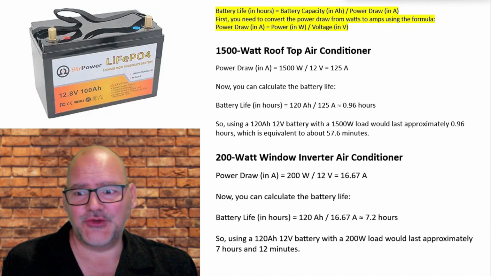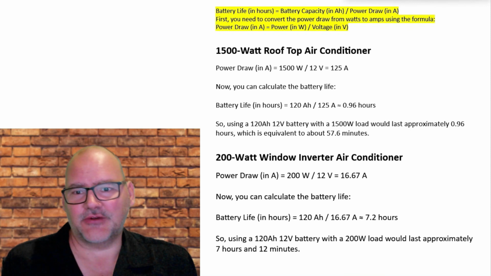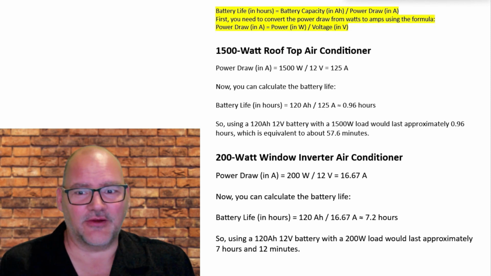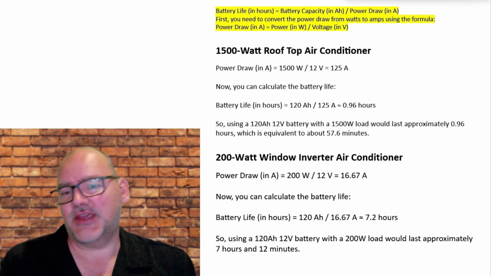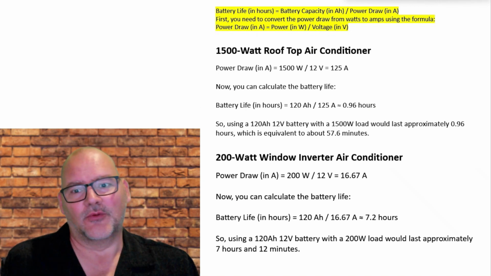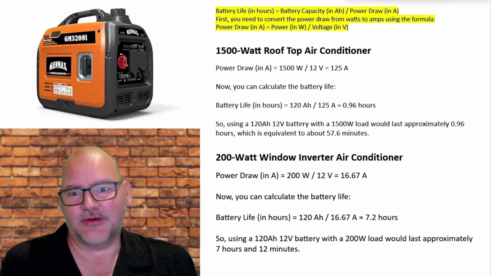Now, if you have 2 cloudy days, then you need a generator. Both of these air conditioners, you need a generator if you have 2 cloudy days. The 1500 watt rooftop one, if you have 1 cloudy day, you need a generator. But let's just say you need a generator for both of them. That's the facts. To run a 1500 watt rooftop air conditioner, you need a 3000 watt generator.